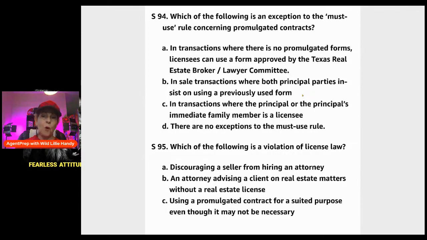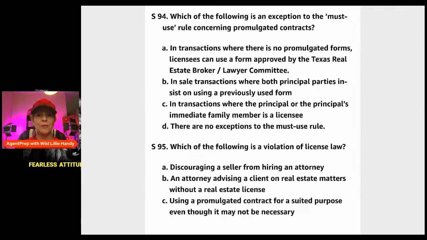And we get informed, but if we miss the notification, we might use an old form, or we already have our templates, okay, and we click and use an old template. Our compliance department will let us know that has to be redone. So we've got to complete an updated form and have the clients sign it. So we can't use previously used forms just because they're comfortable with that.